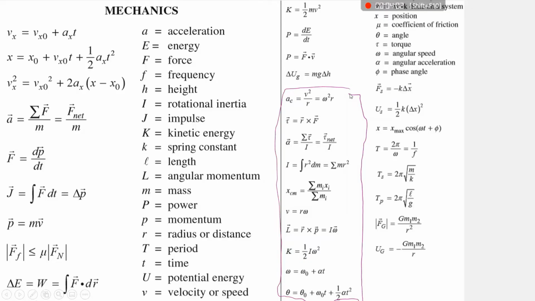Okay, so all of these formulas that I've boxed in red are formulas that you'll be dealing with for angular motion.